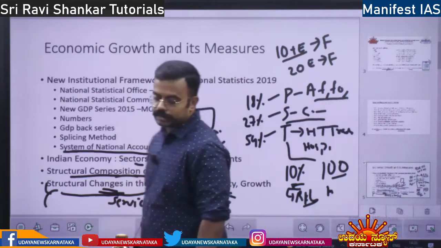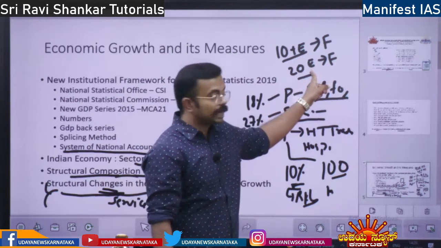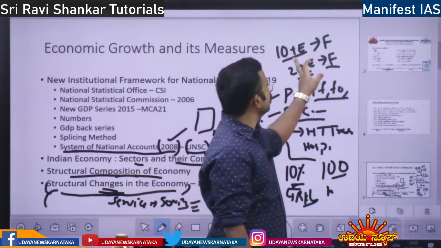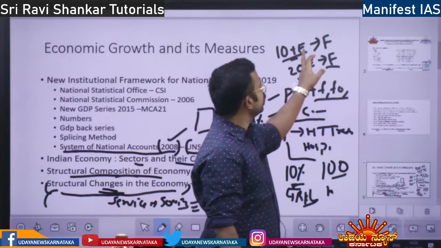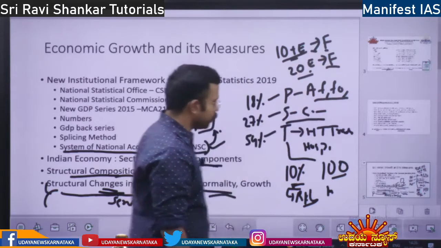But that should be registered. If there are more than 20, whether electricity is there or not, it will become formal economy. If there are 10 people and electricity is used, then it will become formal economy.